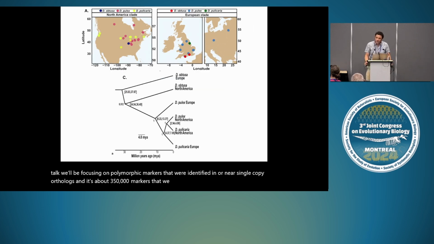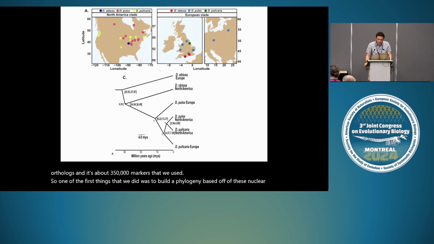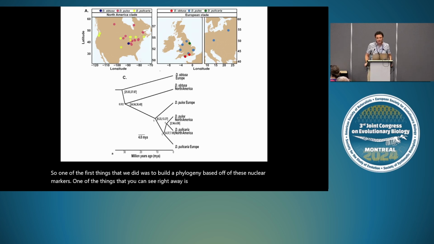So one of the first things that we did was to build a phylogeny based off of these nuclear markers. One of the things that you can see right away is that these species, which have been identified as obtusa or pulex or pulicaria, are not reciprocally monophyletic. So, for example, and importantly, the Daphnia pulex that are collected in Europe are not the same species as the Daphnia pulex that are collected in North America.